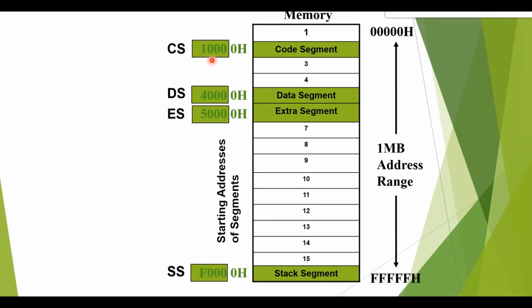So this is the starting 16-bit address of the particular segment that is stored in that particular segment register. Then how do we generate the 20-bit address? Because as we communicate with the memory, we require the 20-bit address.